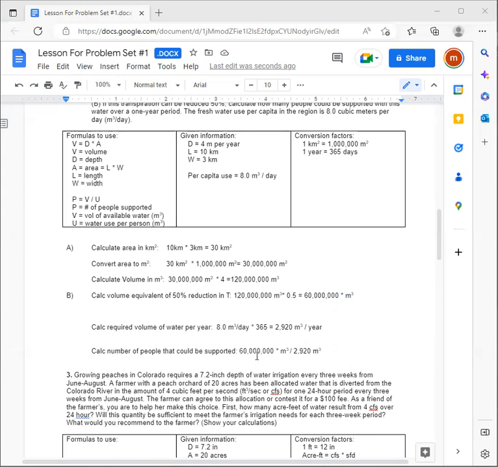And what you should get, if we're all doing our math right, is 20,547 people. And we shouldn't round up just because we don't do portions of people.